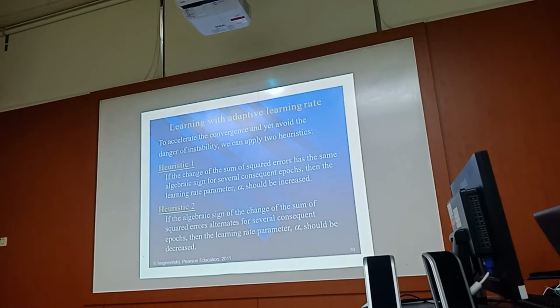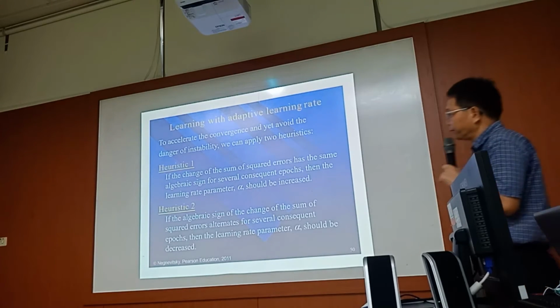He said to accelerate the convergence yet avoid dangerous instability, we apply two heuristics. Heuristic means a guide or method to guide the neural network operation. He said the first one: if the change of the sum of square error has the same algebraic sign for several consecutive epochs, then the learning rate parameter should be increased.